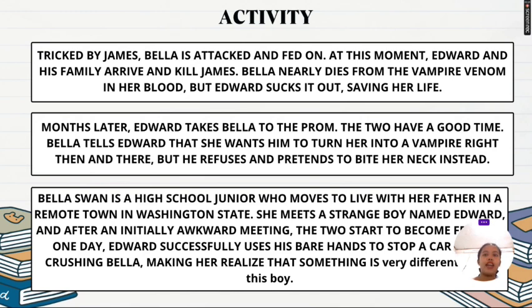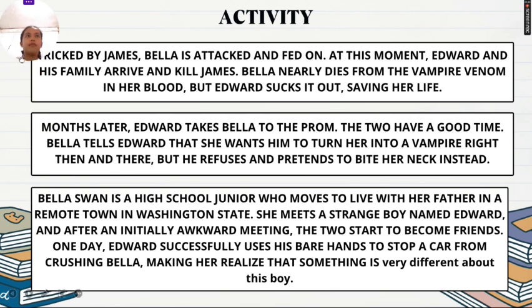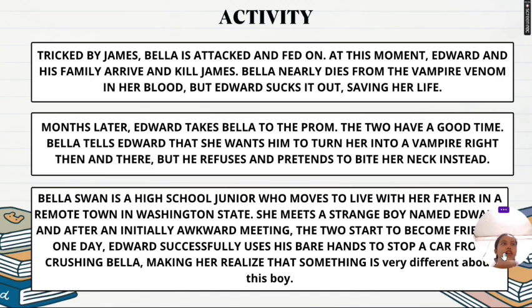So this story that I'll be introducing to you is entitled "Twilight" by Stephanie Meyer. So let us all answer this one here. Okay, so first, let us read the first box.